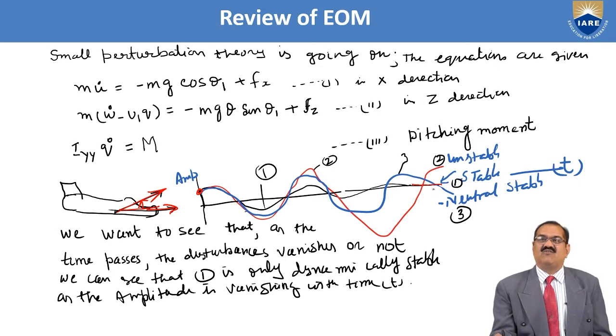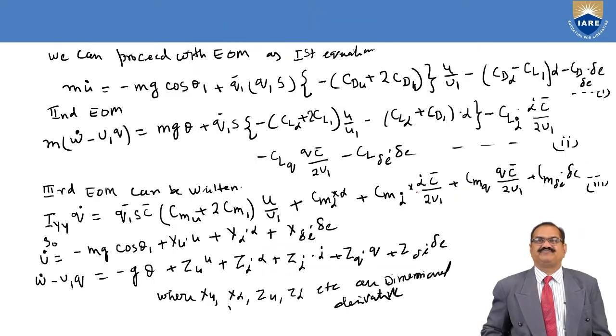So case 1 is dynamically stable, case 2 is dynamically unstable, and case 3 is dynamically neutral stable. So aircraft is in this configuration, and we should try to make the aircraft oscillation decrease with passing of time.